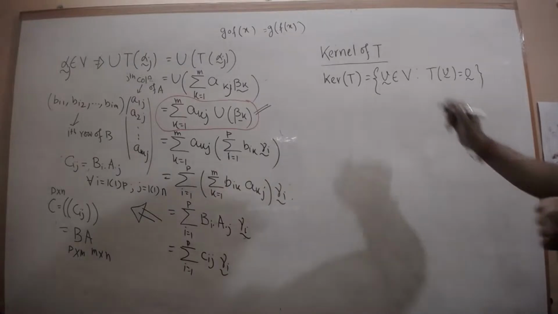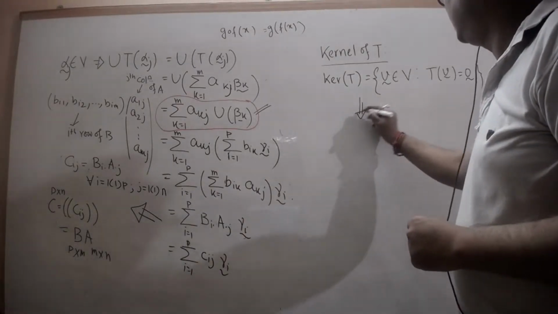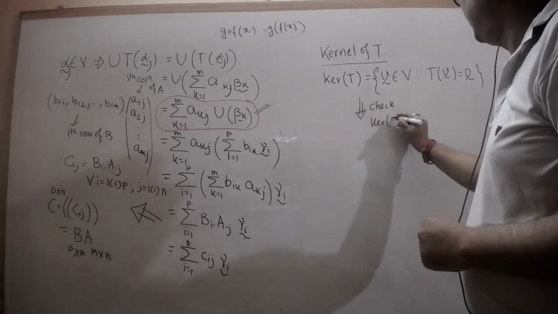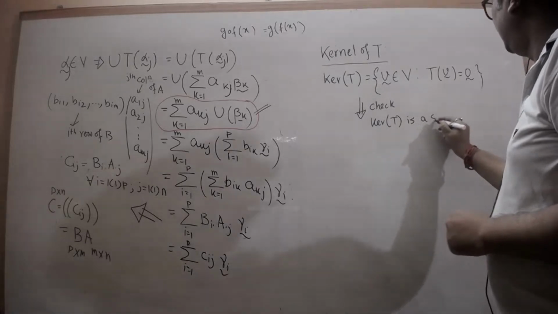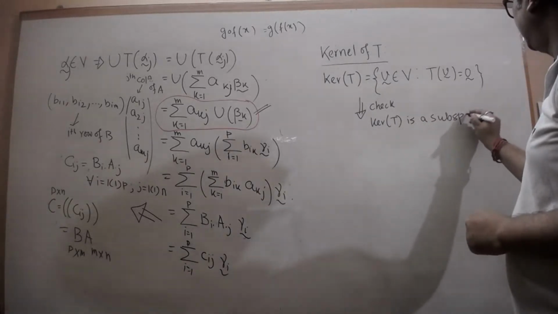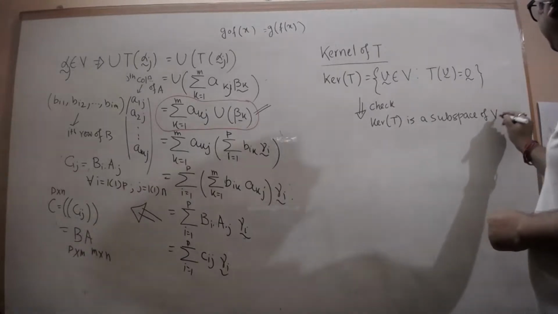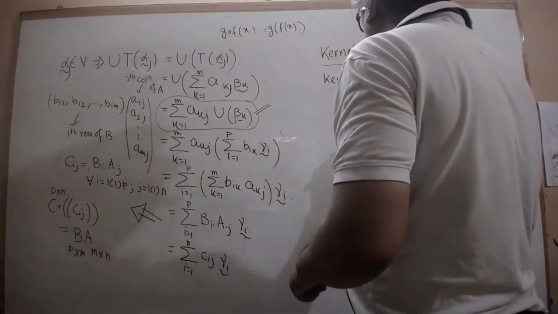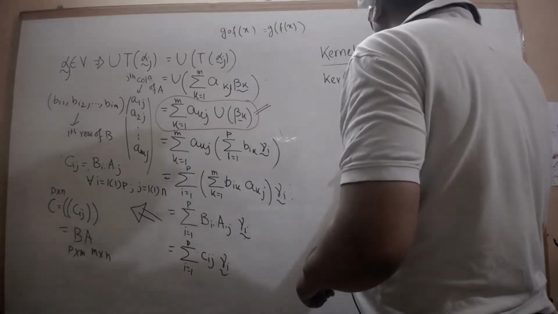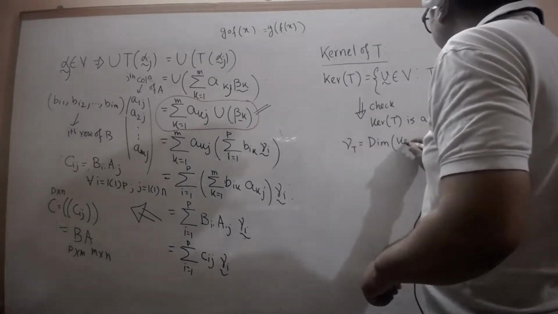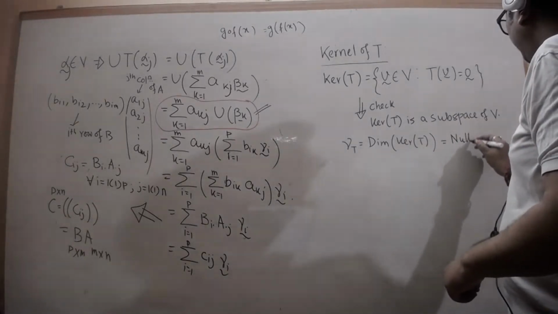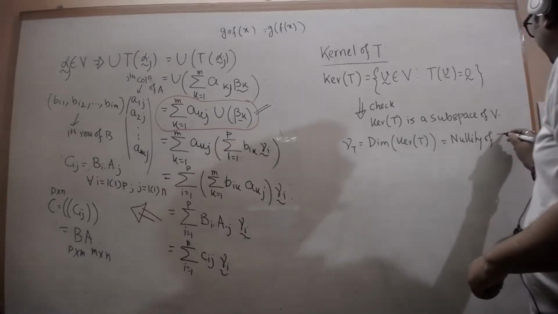So you can easily check that the kernel of T is a subspace of V. Now I denote by gamma of T the dimension of the kernel of T, which is called the nullity of T.